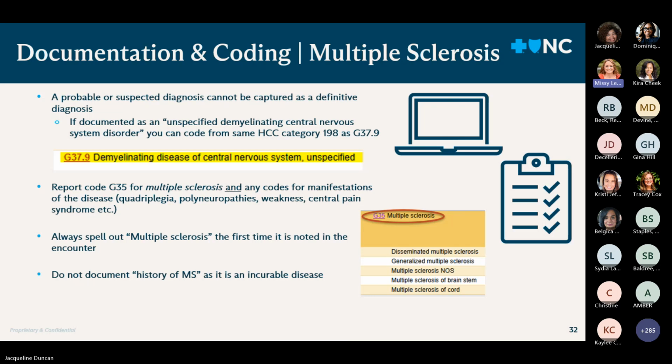It is also important to spell out the diagnosis of multiple sclerosis instead of using MS the first time it is noted in the encounter, so that it is not confused with other conditions. Multiple sclerosis is an incurable disease that will not go away. Refrain from using history of MS and instead document that it is a long established condition that is currently present.